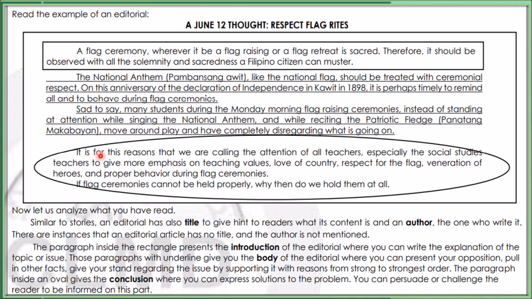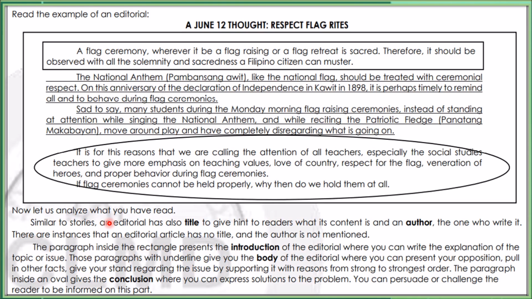It is for these reasons that we are calling the attention of all teachers, especially the social studies teachers, to give more emphasis on teaching values, love of country, respect for the flag, veneration of heroes, and proper behavior during flag ceremonies. If flag ceremonies cannot be held properly, why then do we hold them at all?